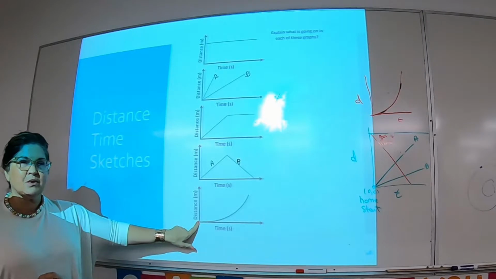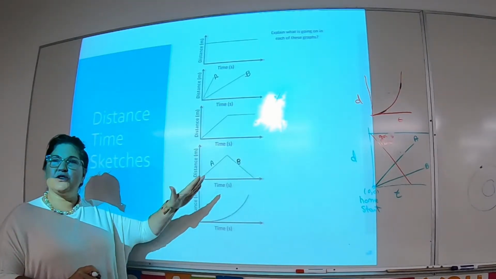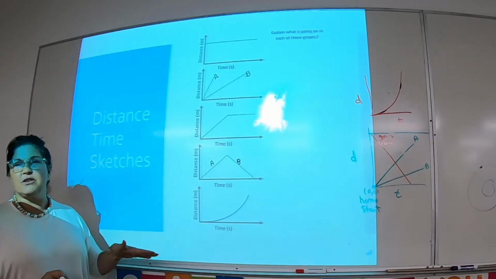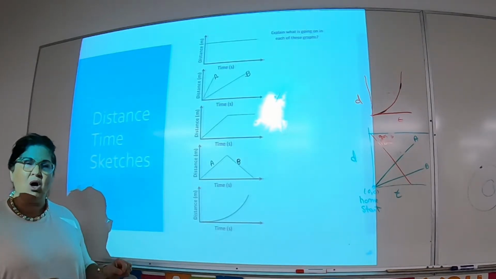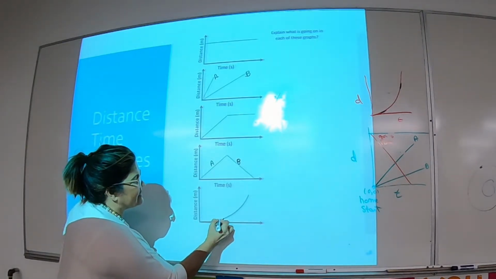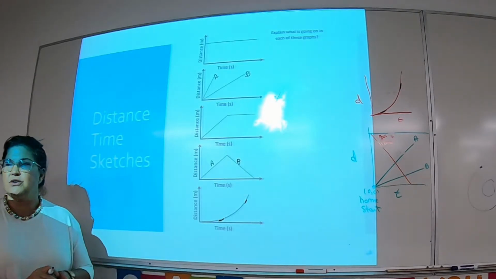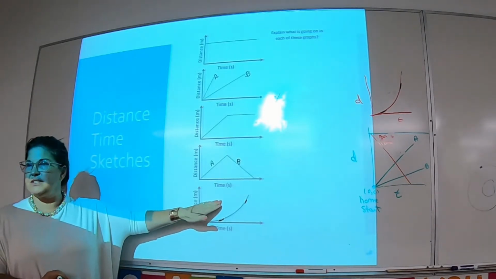And the last one, it is not a straight line, so there is some sort of acceleration going on. Either it's positive or negative acceleration. And again, we can do our little tangent lines, and it's steeper at the end, so this is going to be positive acceleration.